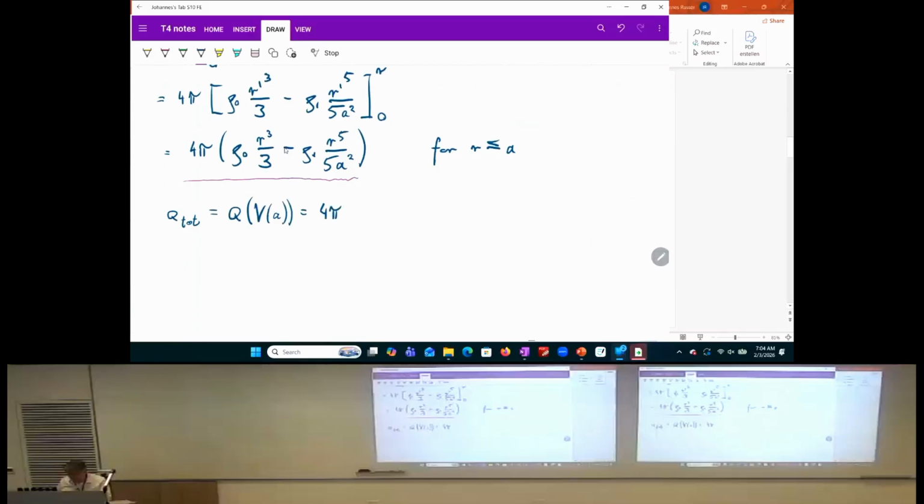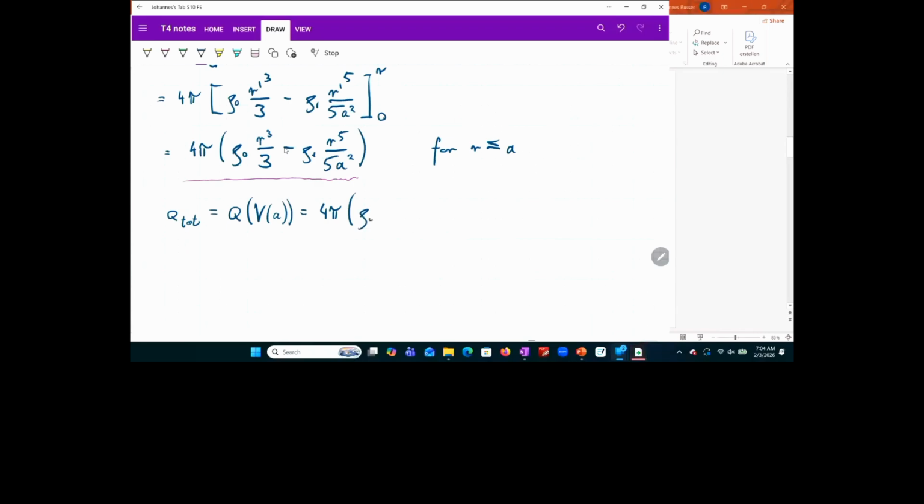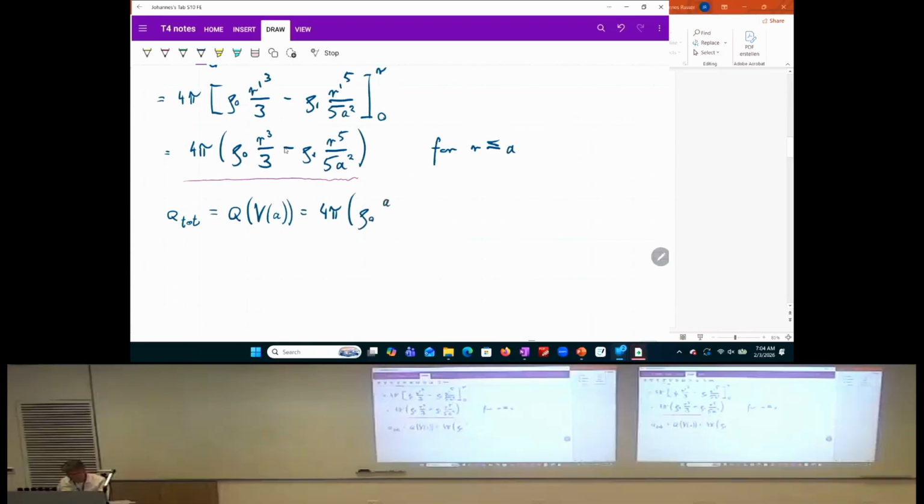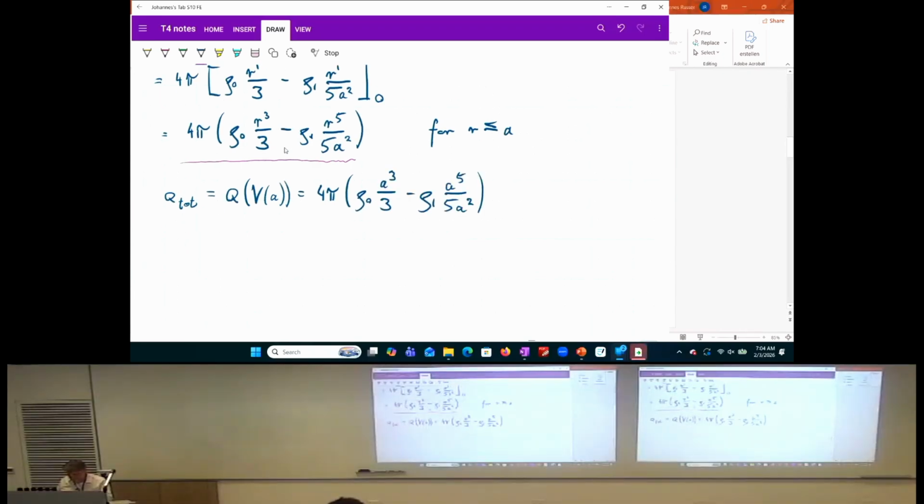That means for the radius r, we insert a. So this is our total charge. And there we can simplify that a little bit, because that is 4 pi times, sorry, this is not an integral, this is a bracket.